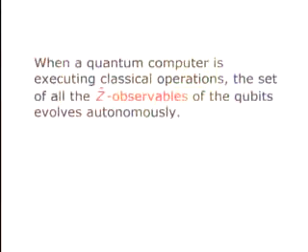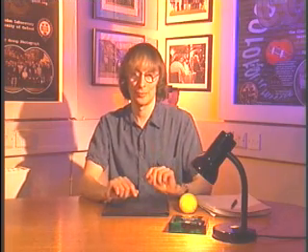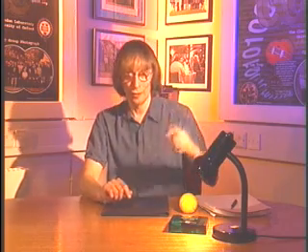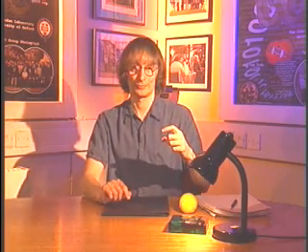We usually use a notation in which these are the Z observables of the qubits. So that means that during periods when our quantum computer is executing only classical operations, the Z observables of the qubits are distinguished by being the observables on which those gates perform classical operations.